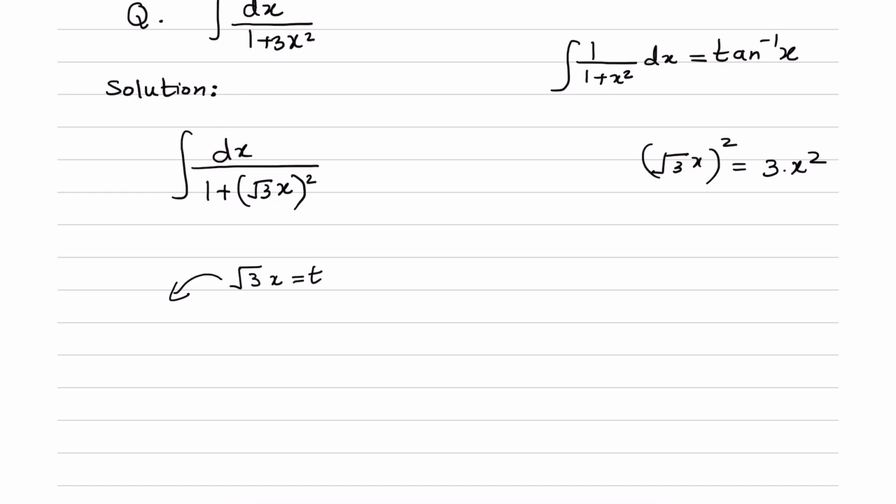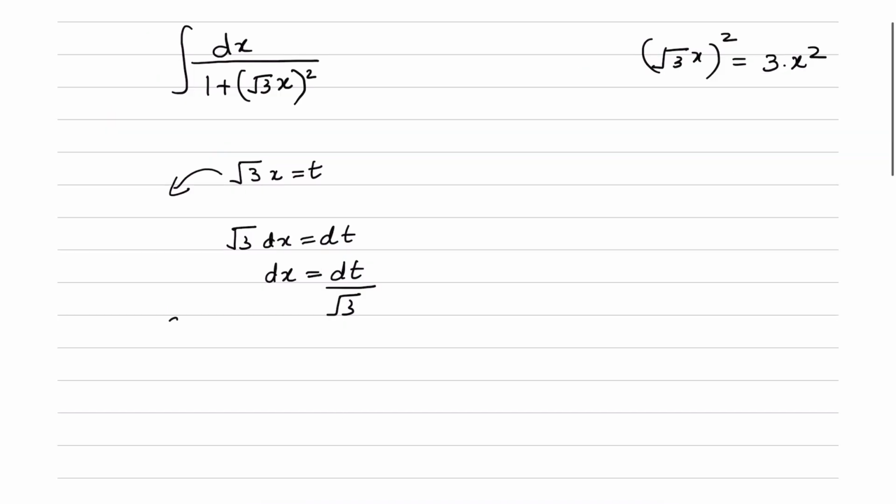We will still go ahead with this substitution because square root 3 is a constant and a constant would be adjusted later on. So square root 3x equal to t, its differential is square root 3 dx equal to dt. It gives us dx is equal to dt by square root 3.